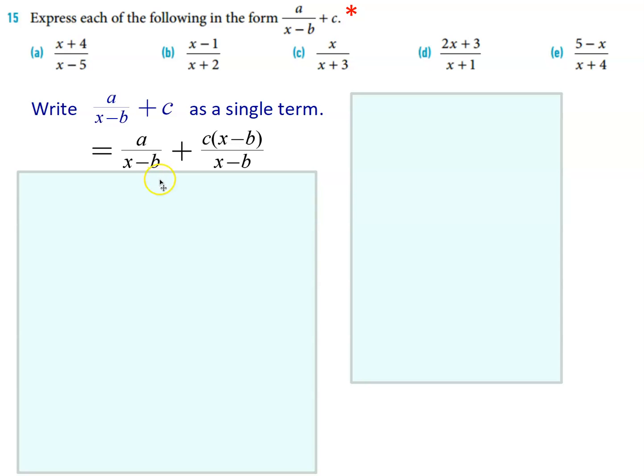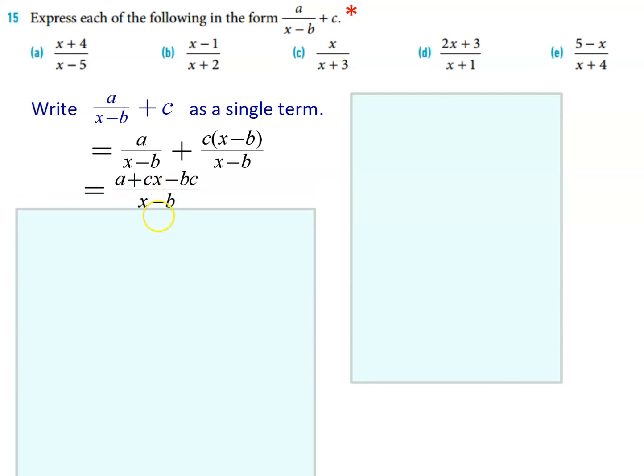So now I can write that as a single fraction. So I've got over x minus b, my denominator. I've got a plus cx, c brackets x take b, and I expanded out the brackets. So my numerator became a plus cx minus cb, which is that, all divided by x minus b.